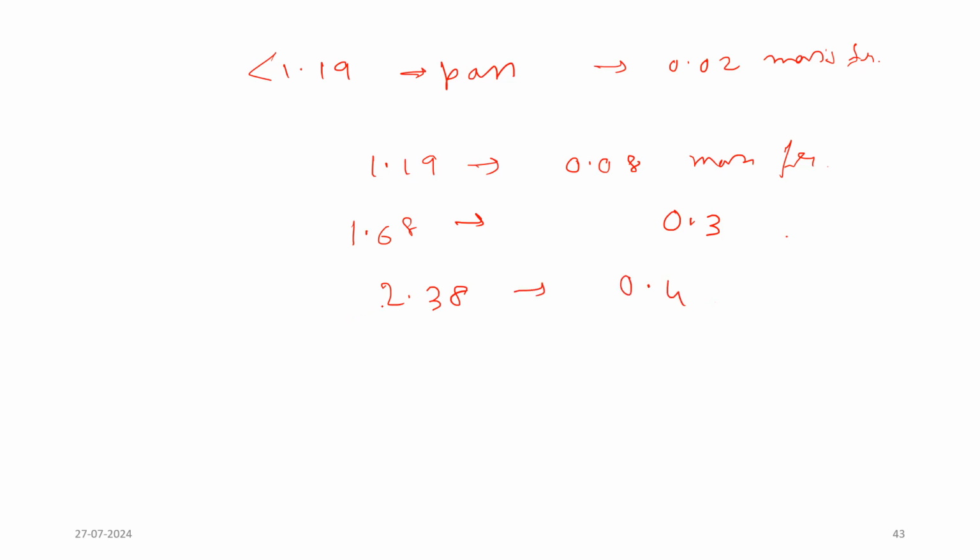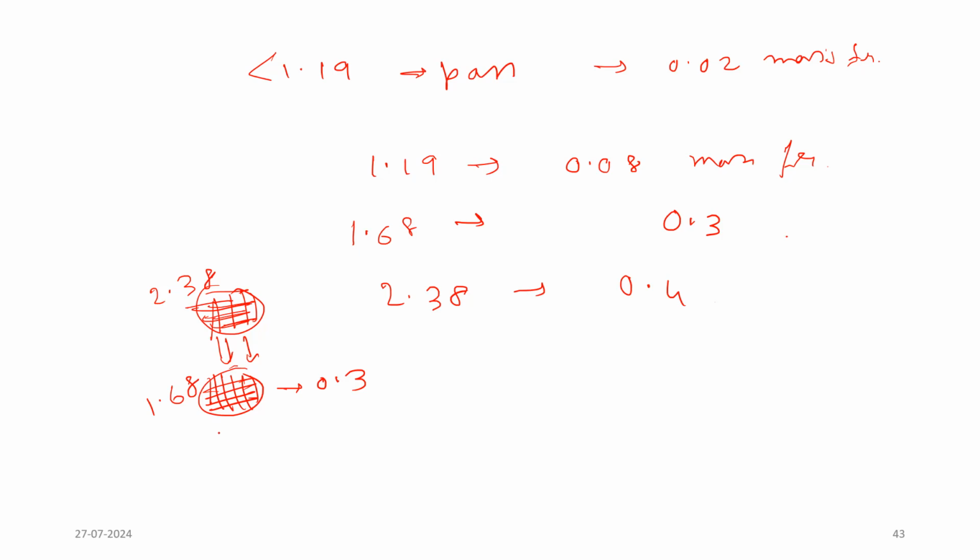That means when the mesh size is 2.38, 0.4 of the solid is retained here, and the rest of the solids are passing through it, and it reaches the 1.68 sieve. 0.3 reaches there.